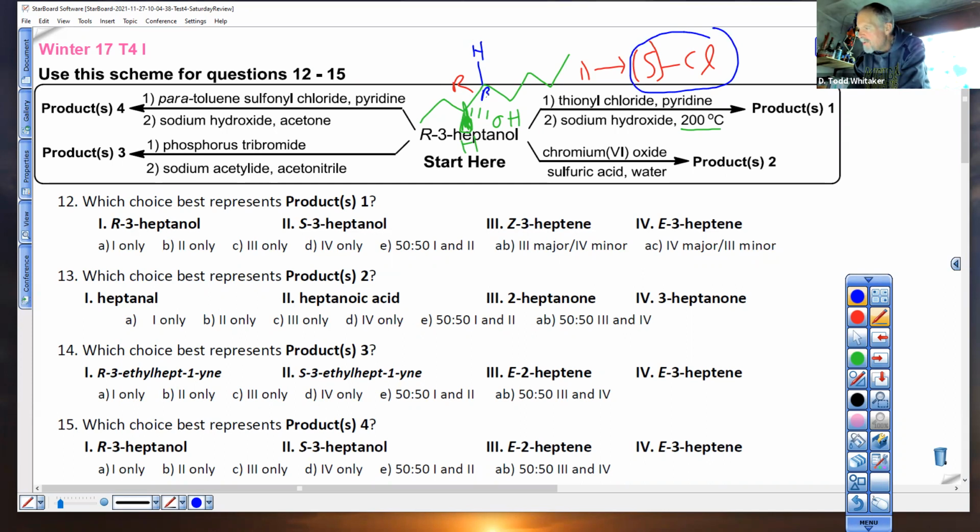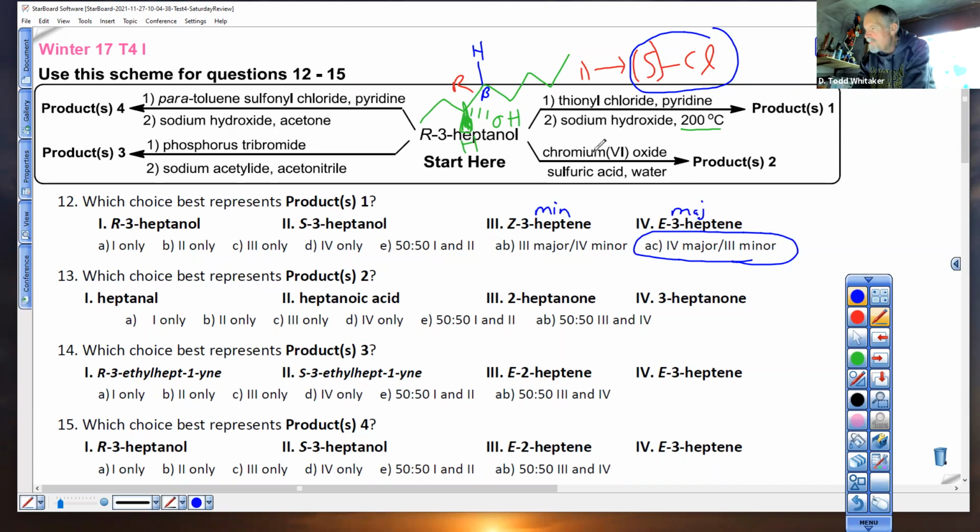You can't do an E2 on an alcohol. You can do an E2 on an alkyl chloride. And you're going to get a double bond there with E being major, and Z being minor. There's steric hindrance in the Z. So 4 major, 3 minor, there's your answer.